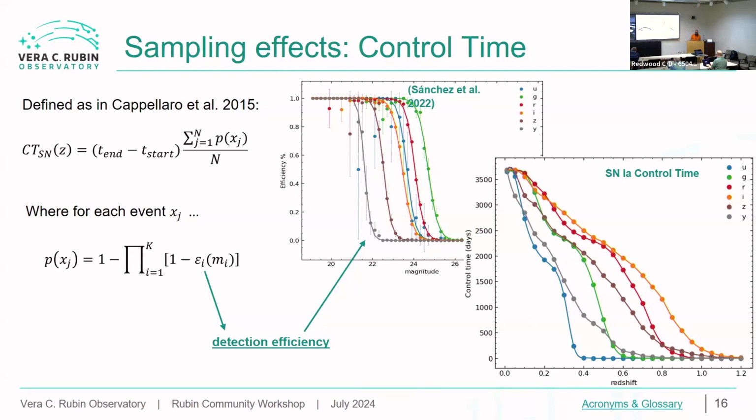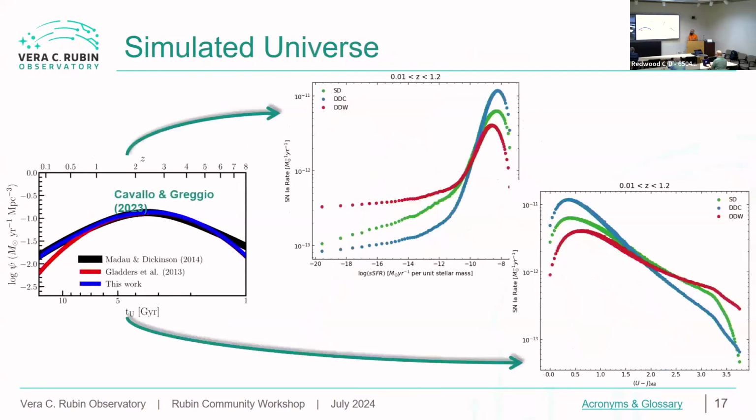On the simulation side, we're using a simulated universe that was prepared by Carlin in 2023. And it is providing information about the rate per galaxy, and the star formation density for this simulated universe is coherent with what is reported in Madau and Dickinson 2014.